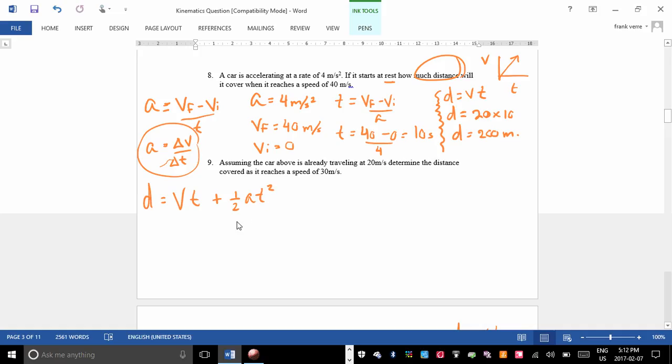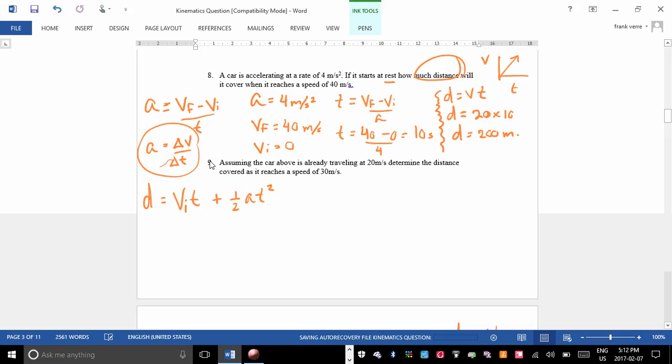This is the equation for an object that's moving where you have an initial speed, but you also have acceleration. So this is a combined equation, with d equals v times t, which is the rearranged speed equation, with the acceleration equation. But this is the initial speed, so I'm going to put a little i here just to remind me that's the initial speed. Okay.